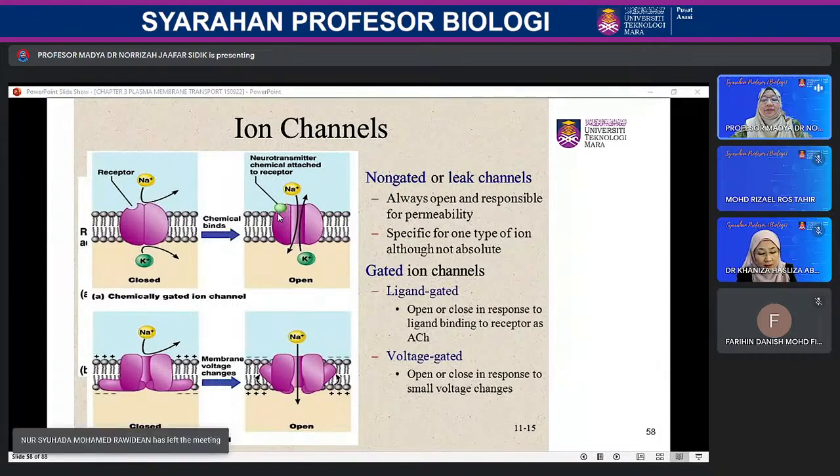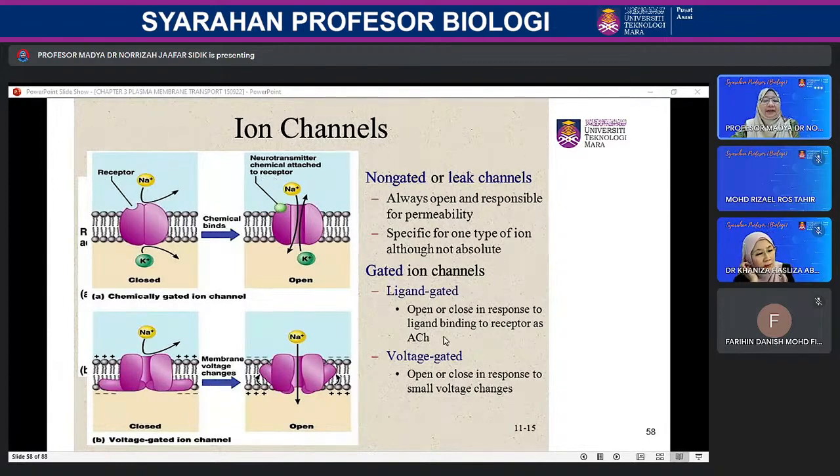So the opening and the closing of the channel protein here, in response to the ligand binding to a receptor such as acetylcholine, makes this a chemically gated ion channel.